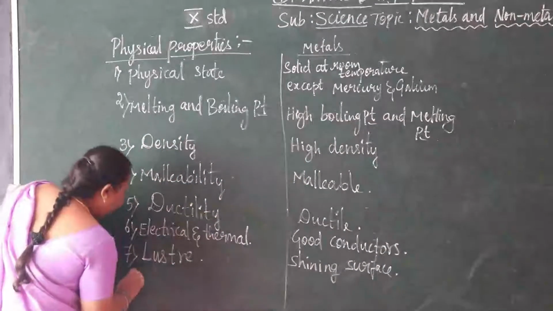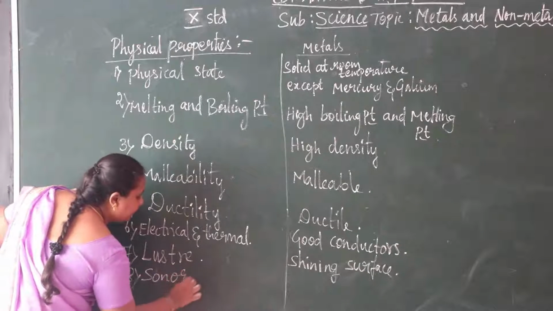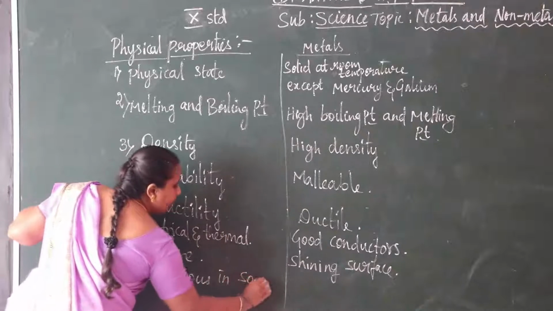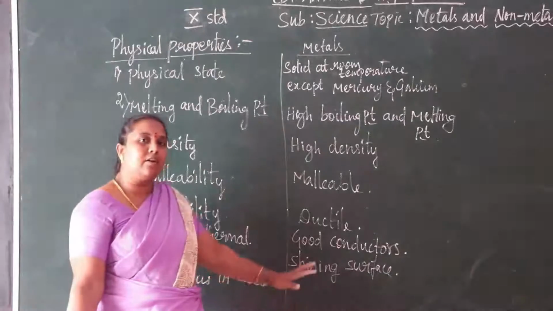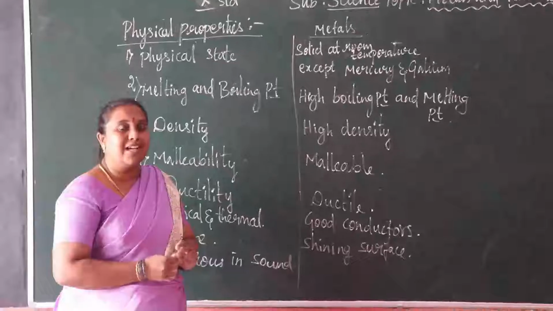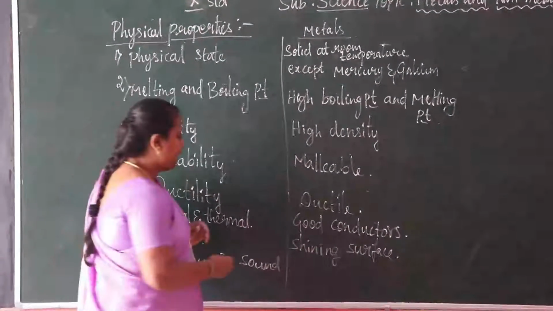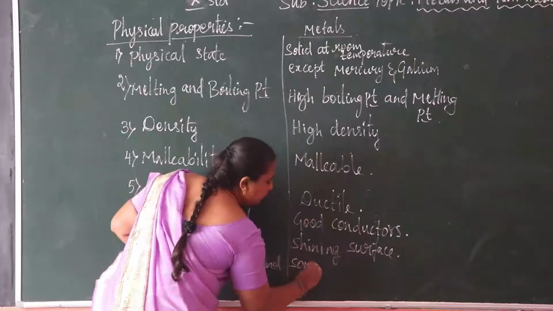And then the 8th property is sonorous, meaning it produces sound. Most metals are sonorous except sodium and potassium. Why? Because those two metals are soft metals.